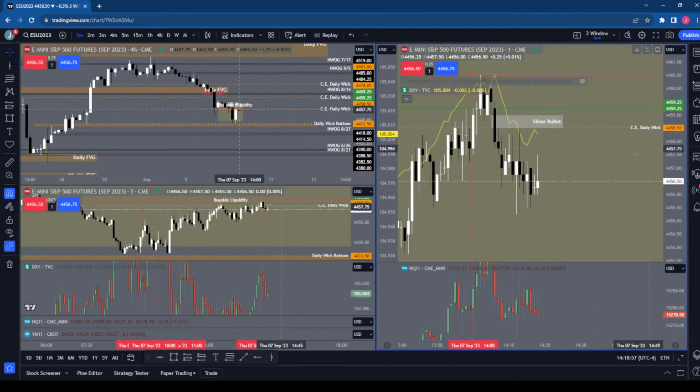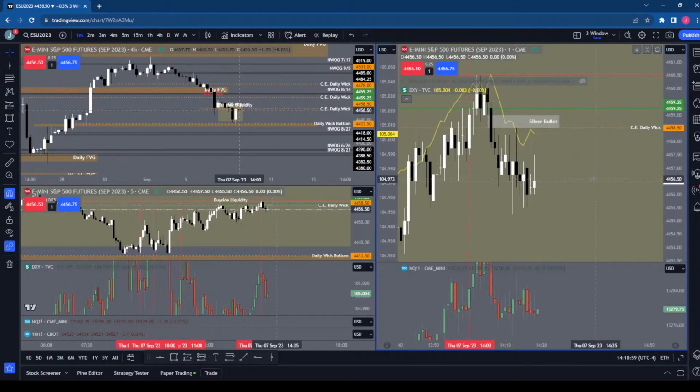Yes, price is looking a little sloppier. A lot of wicks.